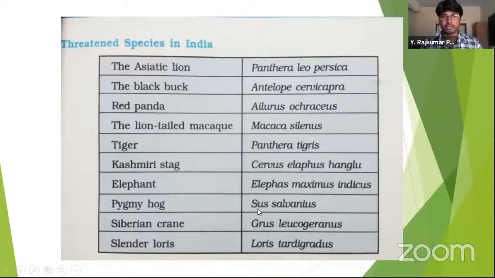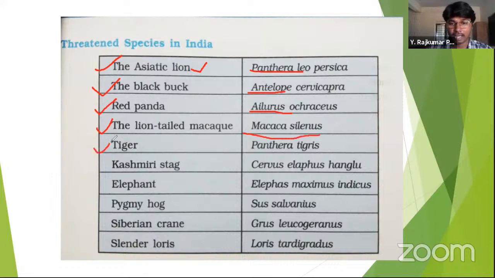Let's see some of the threatened species in India. Examples: the Asiatic lion. I just told you the Gir forest in Gujarat is famous for this Asiatic lion, Panthera leo. And next, the blackbuck, an antelope, and the red panda, Ailurus. Next, the lion-tailed macaque. Macaca means monkey. So Macaca silenus, and next tiger, Panthera tigris. It is also in the list of threatened species.